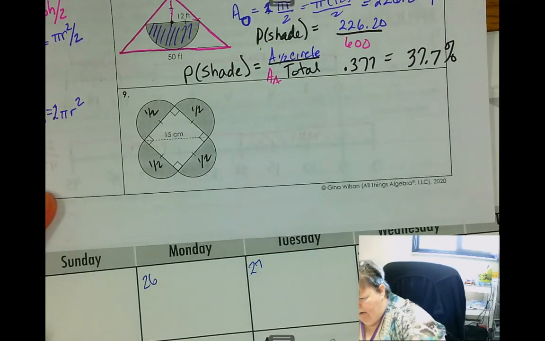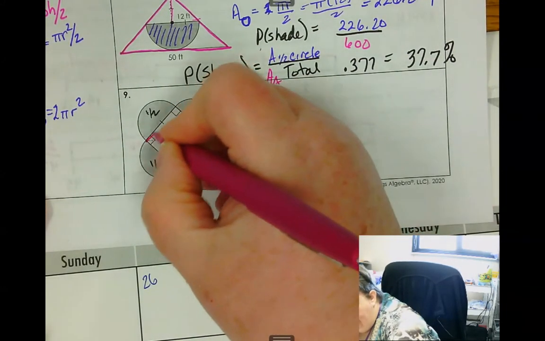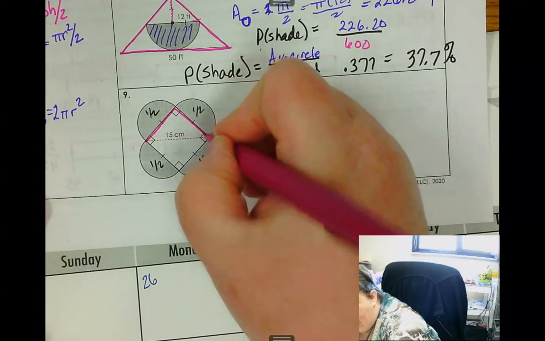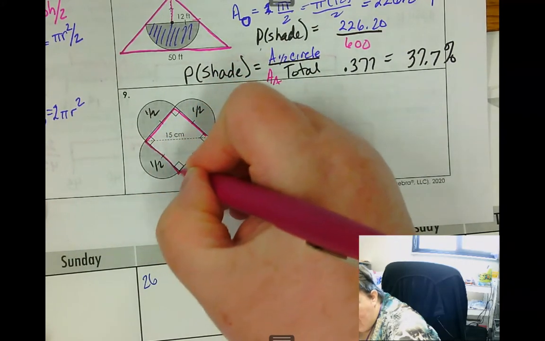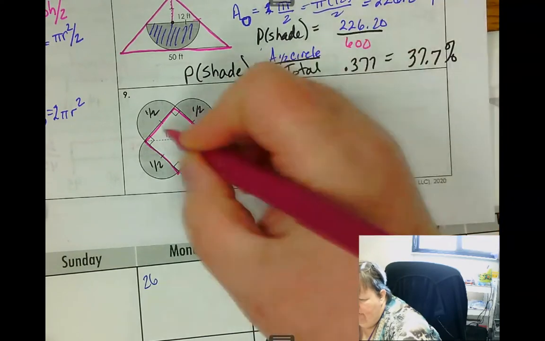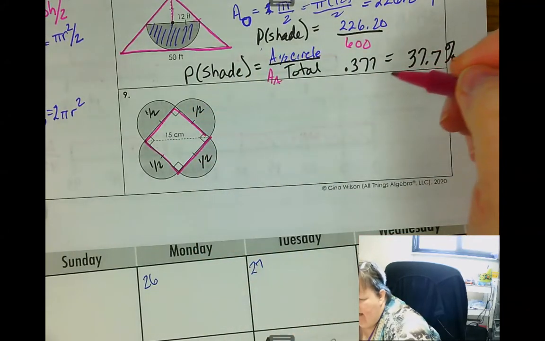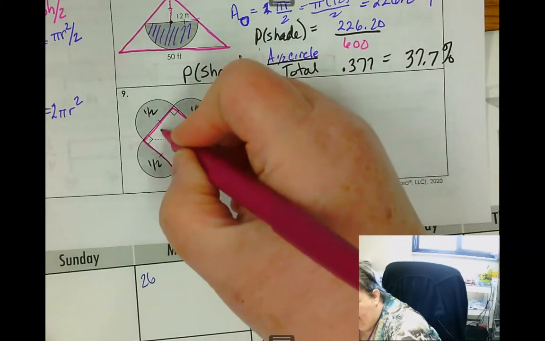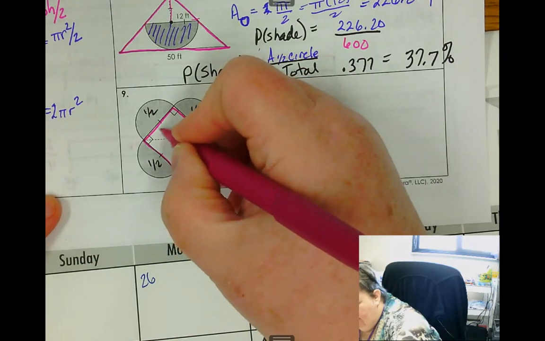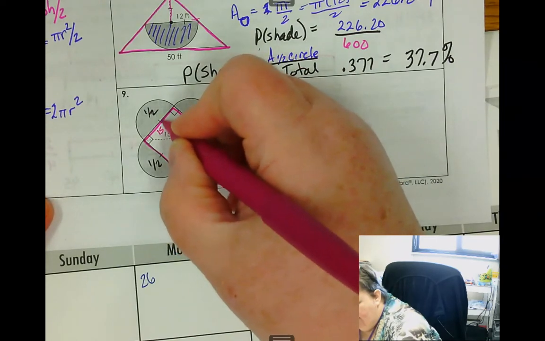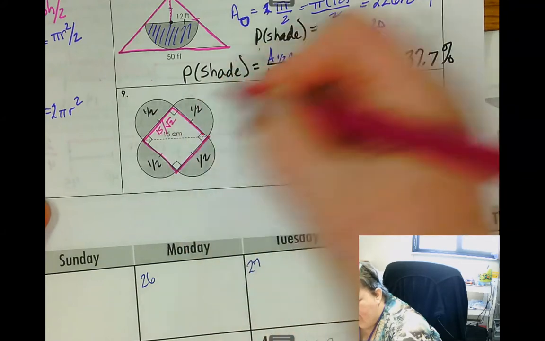The square in here is a 45, 45, 90 triangle. So the side is 15 divided by the square root of 2.